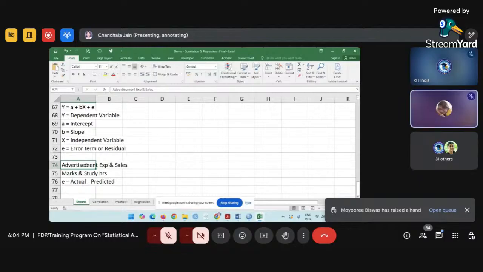Got it, ma'am. So it can be said that E is basically unexplained variation. Yes, you can call it that. In technical terms, you can call it the unexplained error term. There is no problem in that.